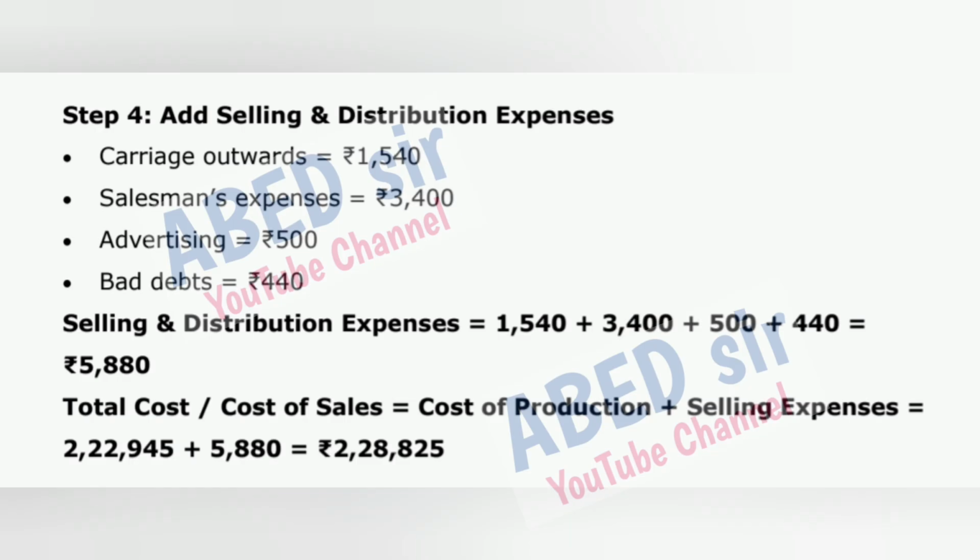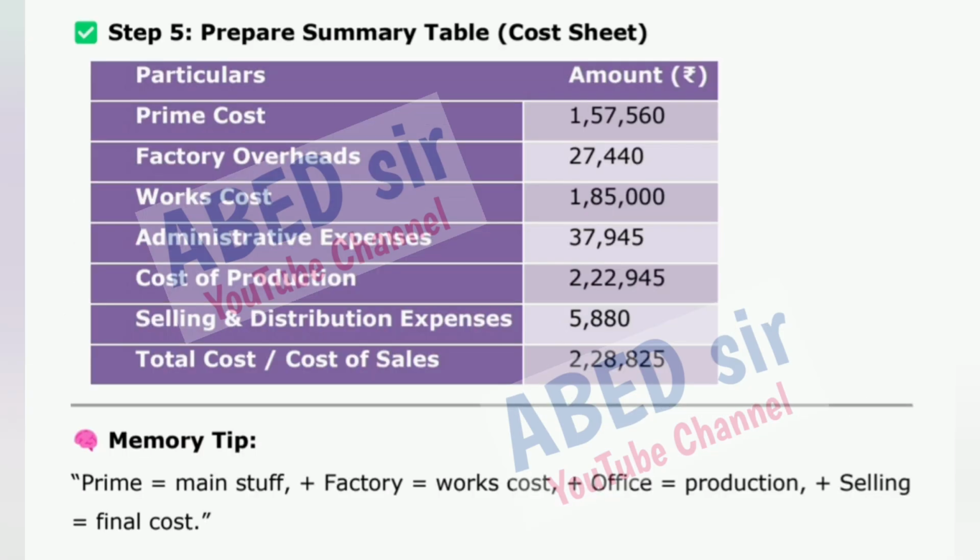Total cost of sales is equal to cost of production plus selling expenses, is equal to 2,22,945 plus 5,880, is equal to 2,28,825 rupees. Step 5. Prepare summary table, cost sheet. Particulars, amount. Prime cost 1,57,560.